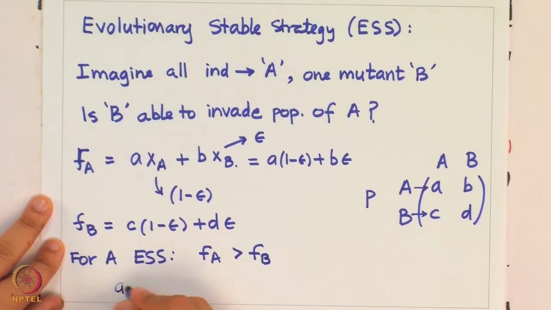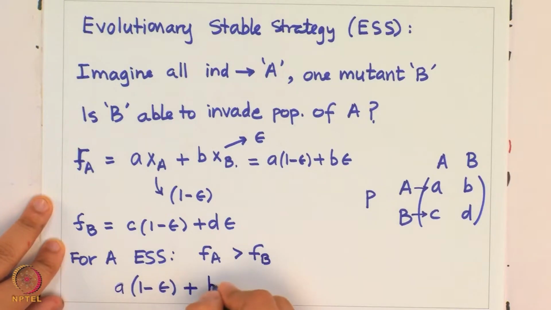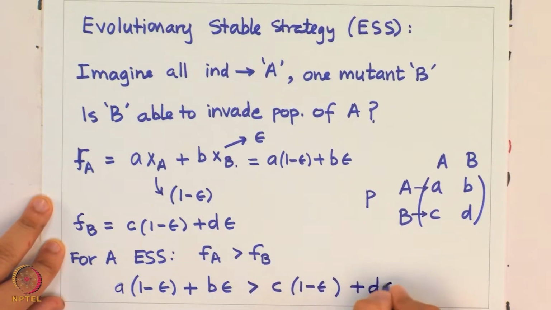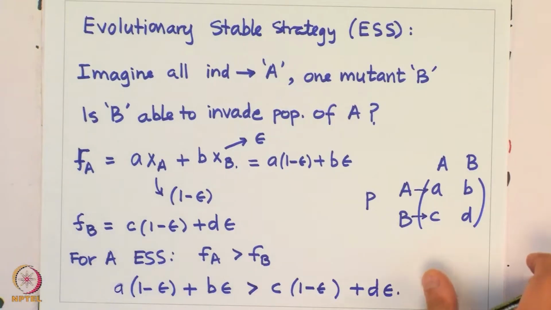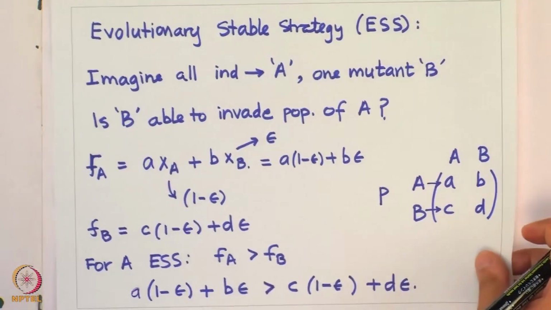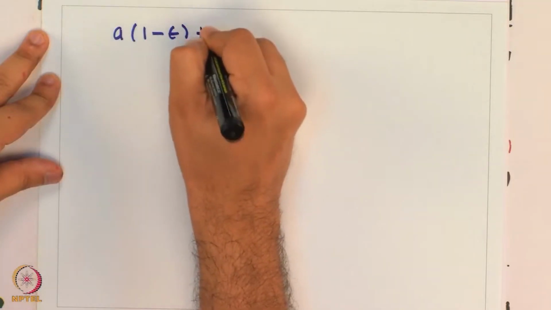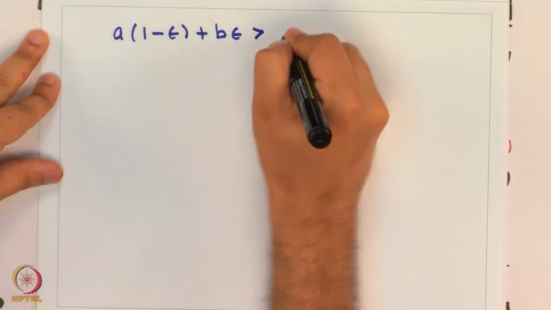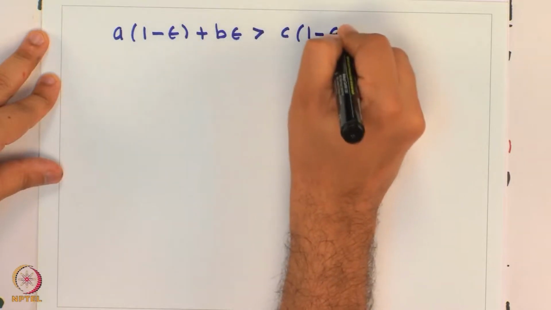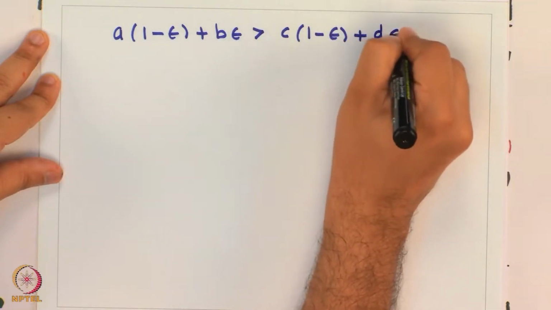That is, A times 1 minus epsilon plus B epsilon should be greater than C times 1 minus epsilon plus D epsilon. Okay. So let us finish this in the next couple of steps. The condition for A to be an ESS, as we have derived, is A times 1 minus epsilon plus B epsilon greater than C times 1 minus epsilon plus D epsilon.